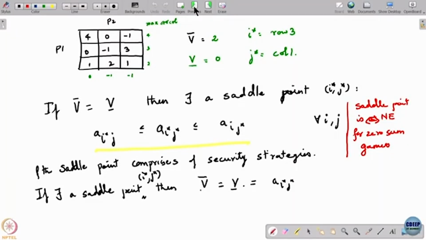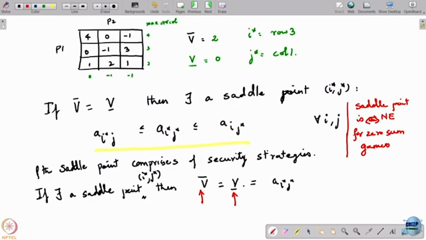Here is another corollary of all this. Since a saddle point must always comprise security strategies whenever V upper bar is equal to V lower bar, and security strategies can be computed by each player separately, these two quantities, V upper bar and V lower bar, can be computed by the players separately. In other words, they are properties of the matrix itself.